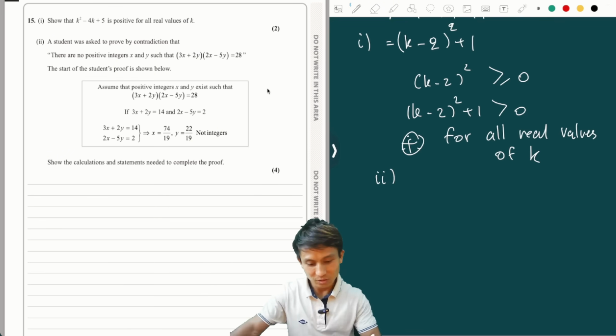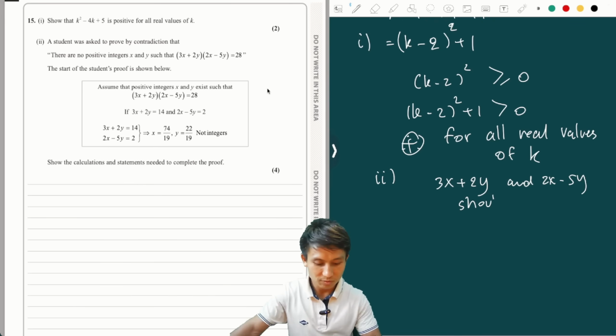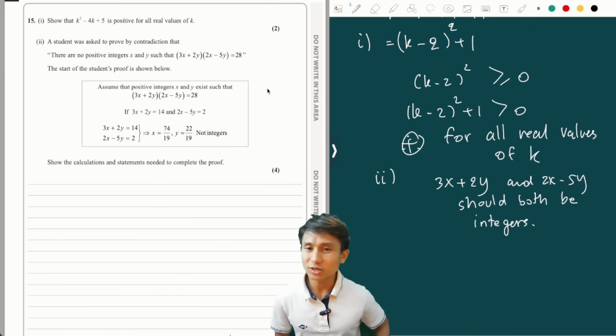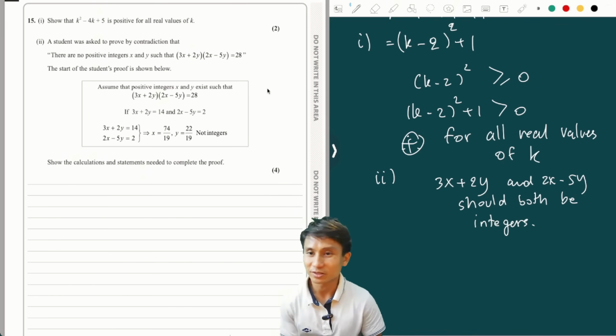Because we know that x and y are integers, right? Now we assume that there exist positive integers x and y such that the brackets multiply to 28.